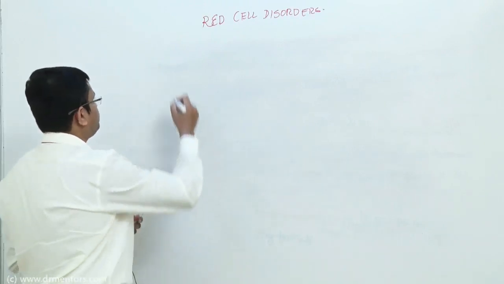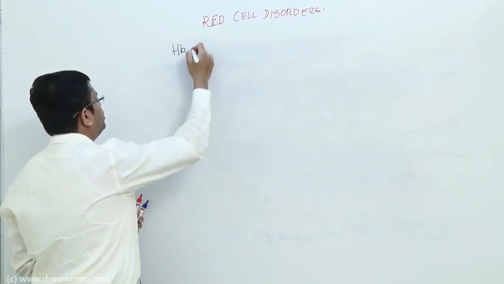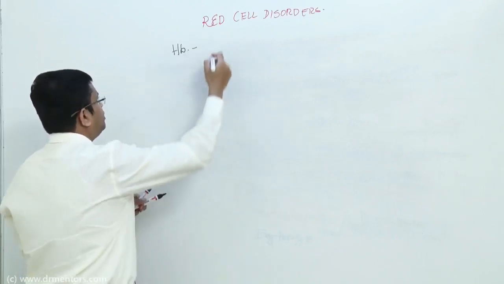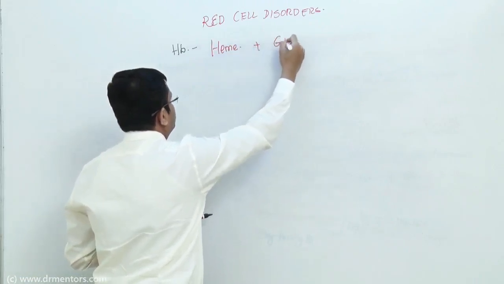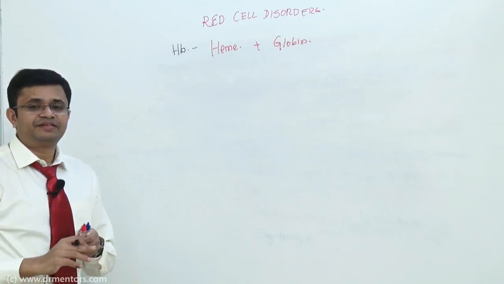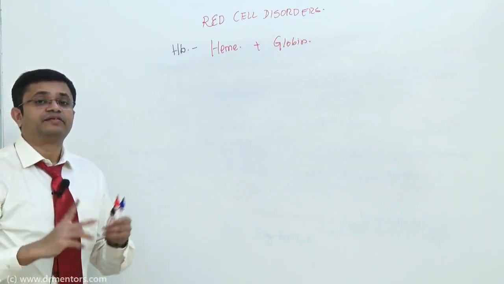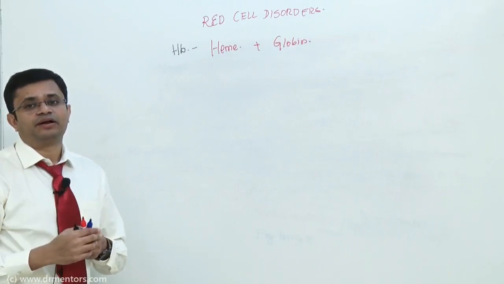Normally, I hope you all know, hemoglobin is made up of 2 different things, basically the heme and the globin part.